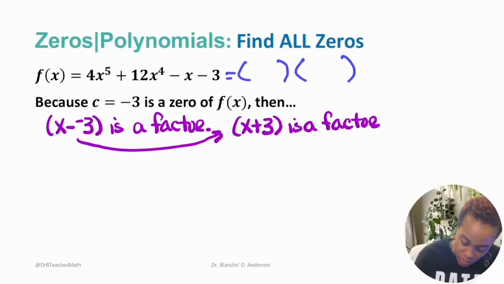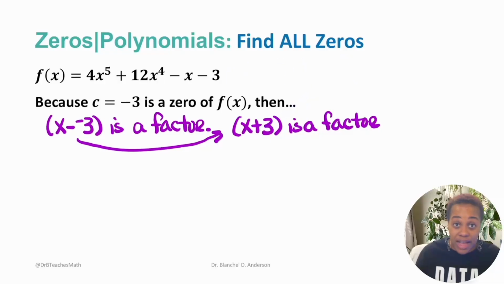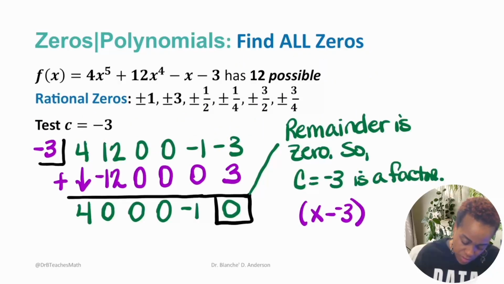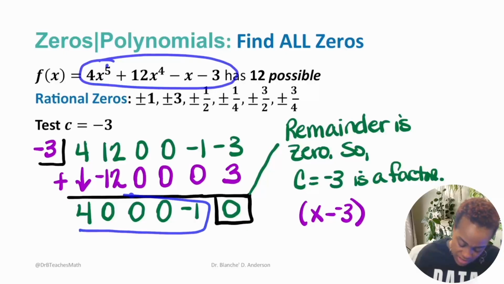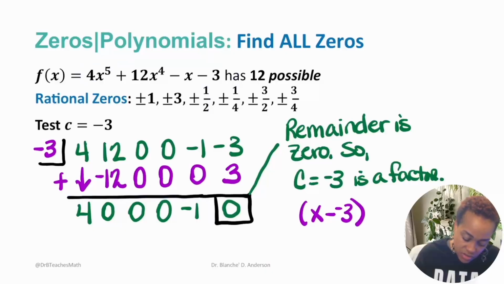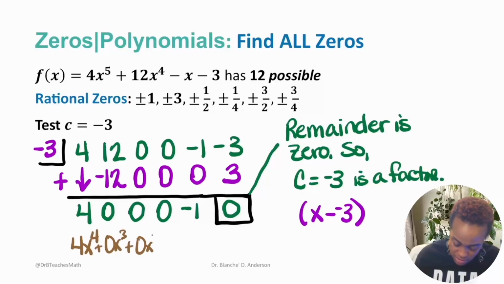Now, you're like, well, what's the other one? Well, when you do synthetic division, what happens? Remember, you start with an x to the 5th, but when you write this part, it becomes an x to the 4th. So this part right here is really 4x to the 4th plus 0x cubed plus 0x squared plus 0x minus 1.